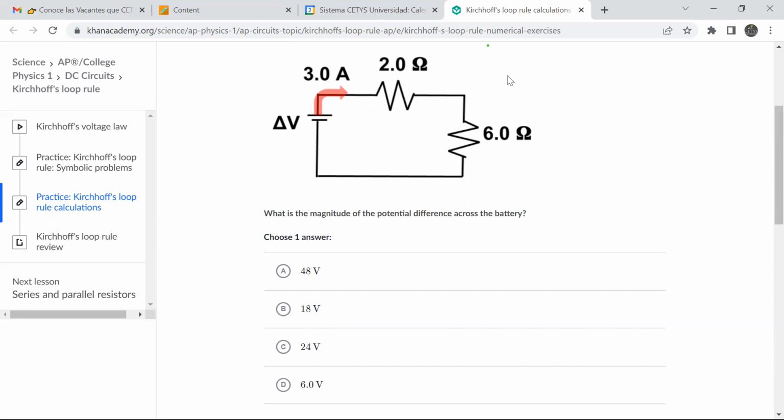in this one, we've got two resistors that are connected in series. There's only one loop. And we've got a power supply there. And they're asking what is the potential difference, or what is the voltage in the battery or the power supply. And we are given the current. So basically what we have here, we've got one loop.